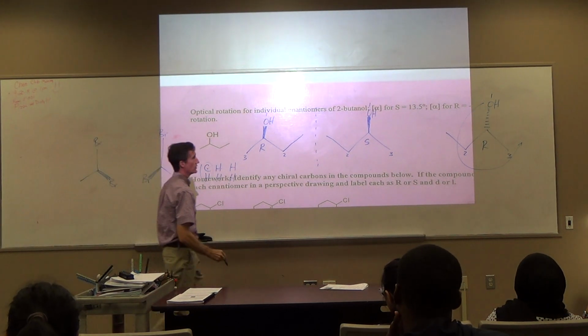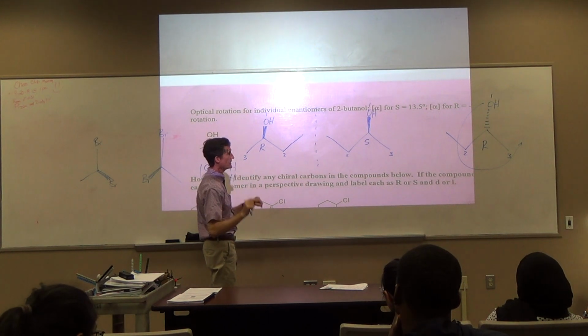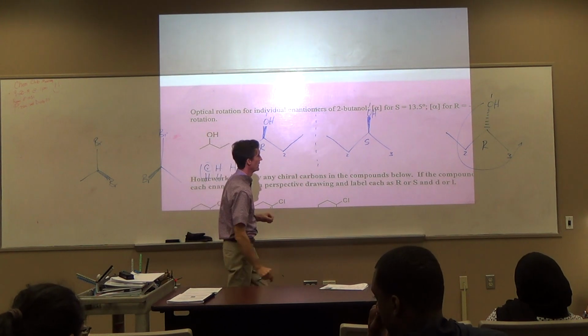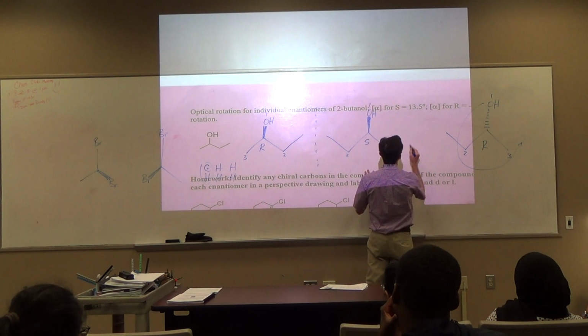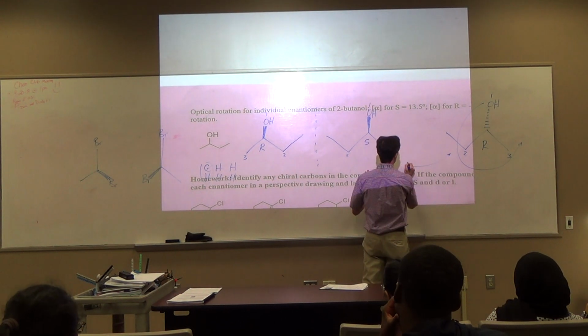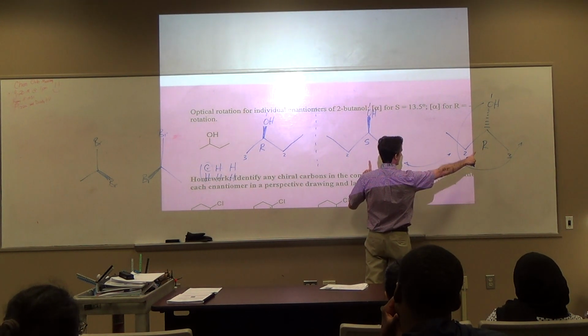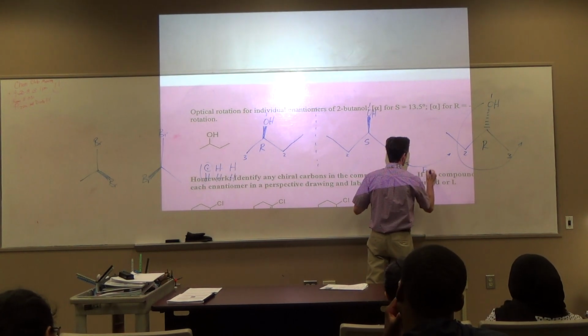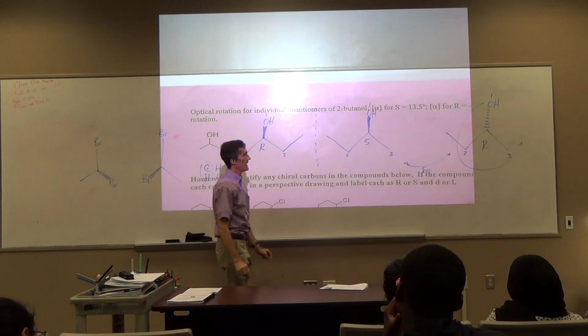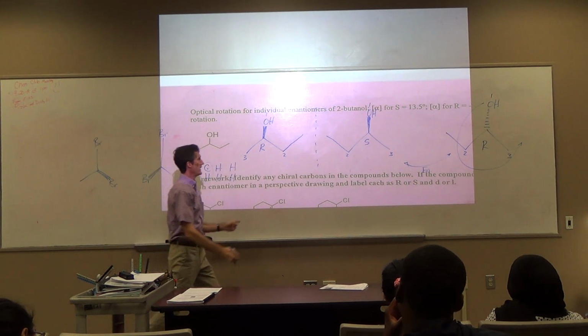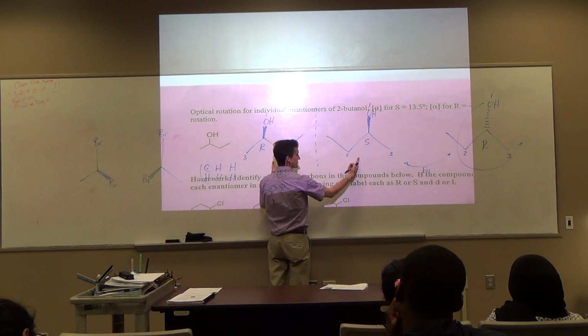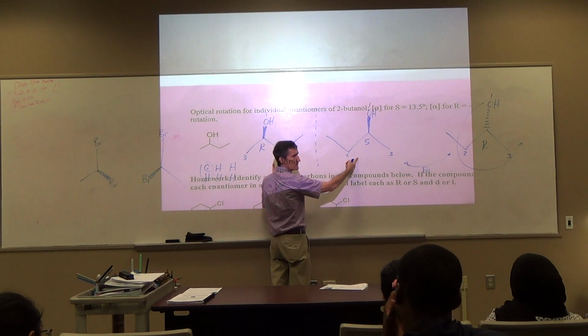Okay? So, here's something else we'll say going forward. What's the relationship between these two? They're paired. Enantiomers. Now, here I drew mirror images. I won't do that going forward.